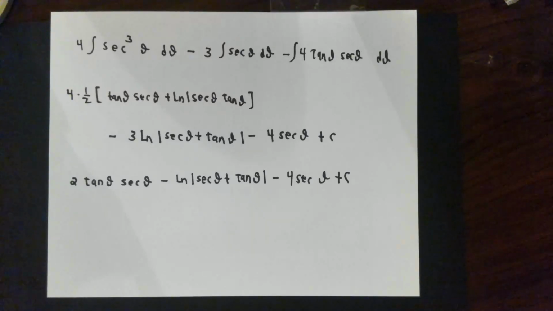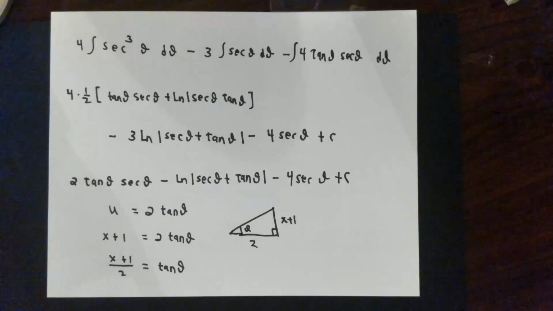To finish this, I need to express the tangent and secant in terms of x, and then we'll be done. u is 2 times tangent theta, but u is also x plus 1. That means that tangent of theta must be x plus 1 over 2. A representative triangle would be this triangle.